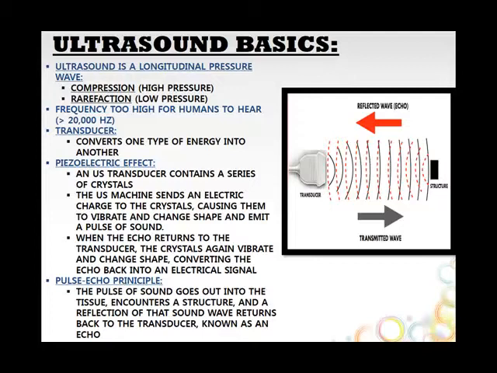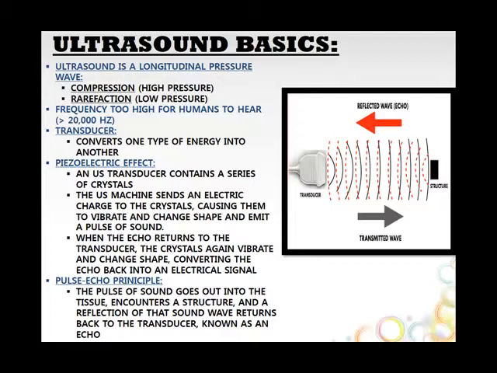So your crystals inside of this transducer are responsible for changing the electrical pulse into a sound wave, and then that sound wave back into an electrical pulse, because the ultrasound machine, which is up here, only understands electronics, where crystals only understand really the sound waves. So the transducer converts the sound waves from one form to another.